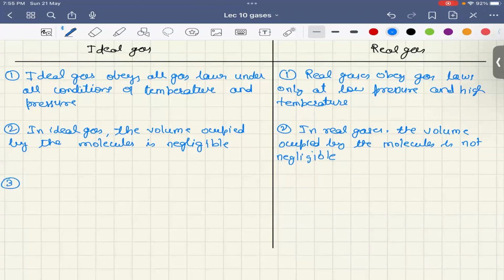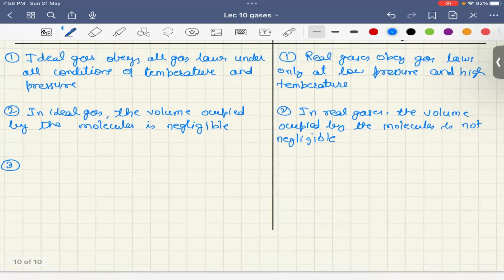Right. Third point is the forces of attraction among the molecules of the gas are negligible, whereas the forces of attraction among molecules for real gas are not negligible at all temperatures and pressures. Right.